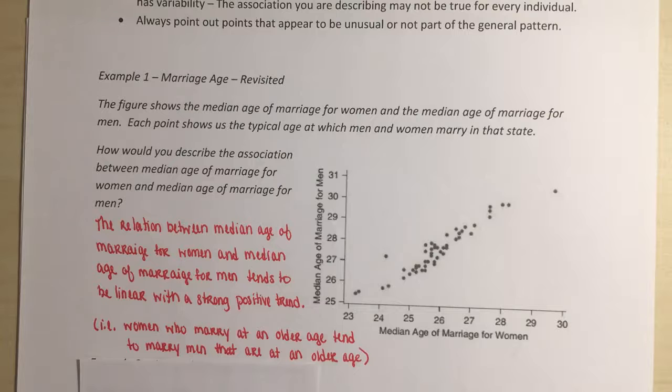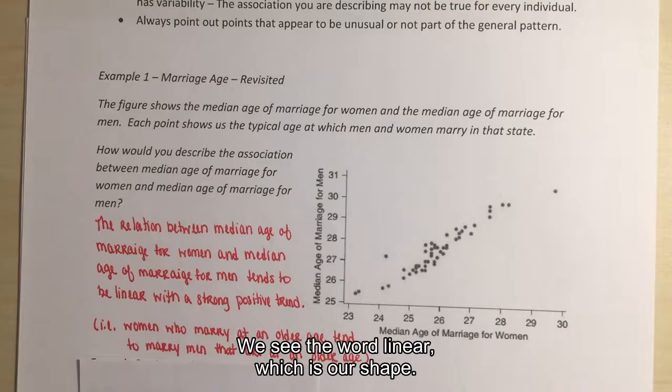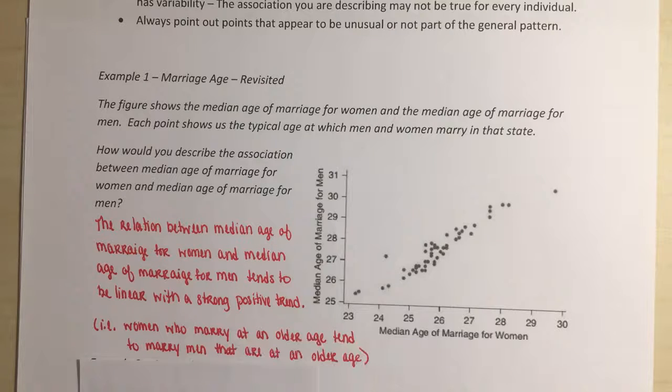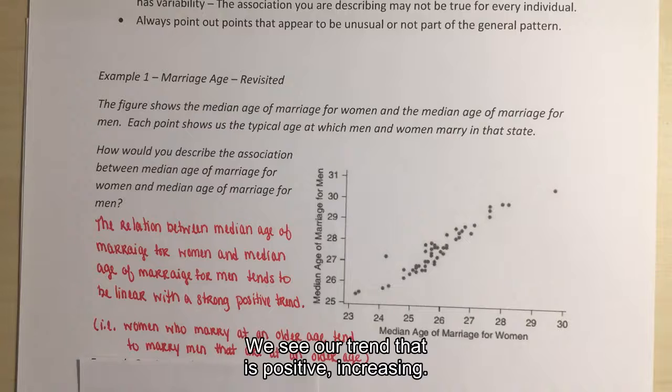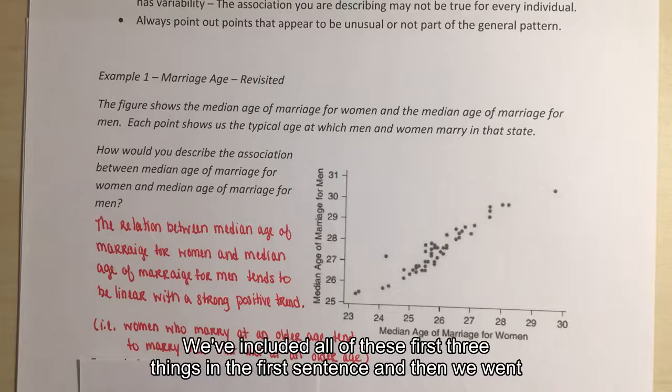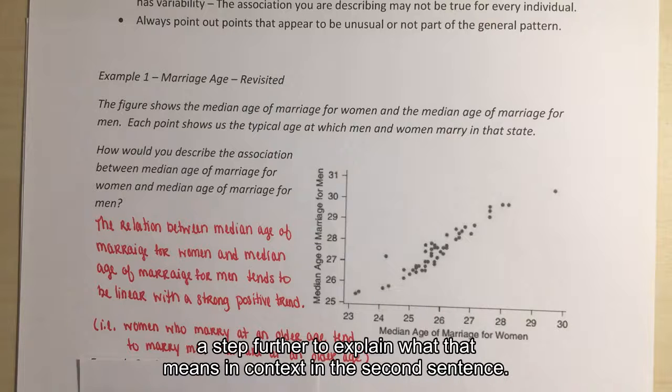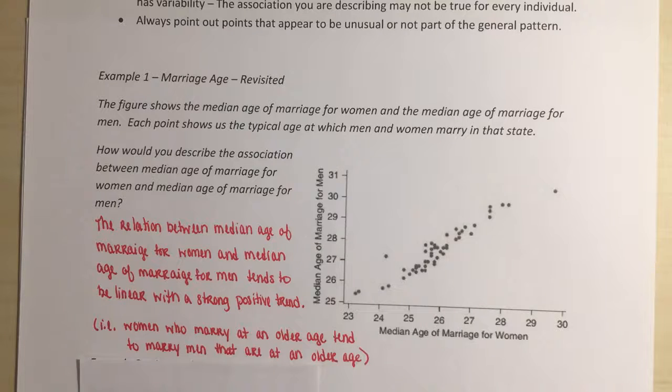We see the word linear, which is our shape. We see our trend that is positive, right, increasing, and then we see that it is relatively strong. So we've included all of these first three things in the first sentence. And then we went a step further to explain what that means in context in the second sentence.